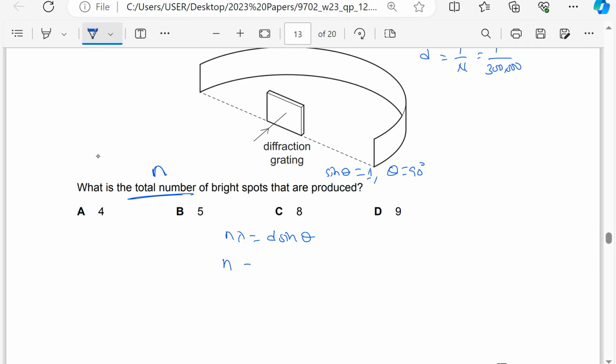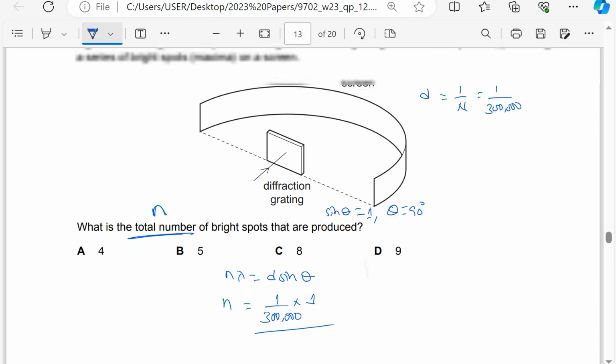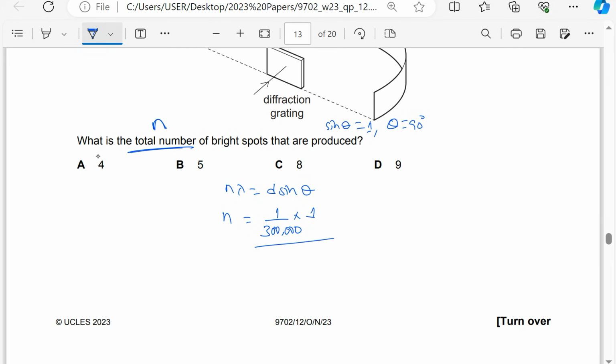So n is going to be equal to d, which is 1 over 300,000, times sine theta, which is 1, divided by the wavelength, which is 690 times 10 to the power of minus 9. So this is the same as 1 over 300,000 times 690 times 10 to the power of minus 9.